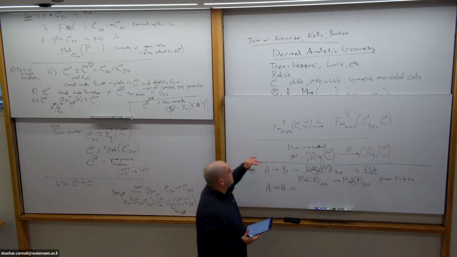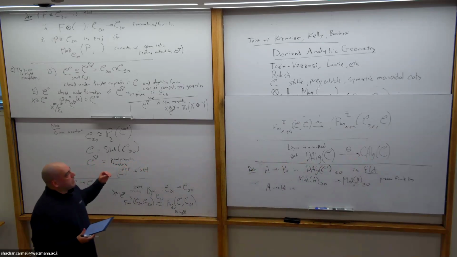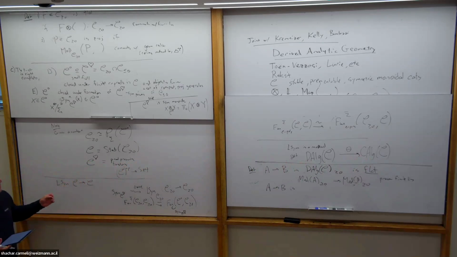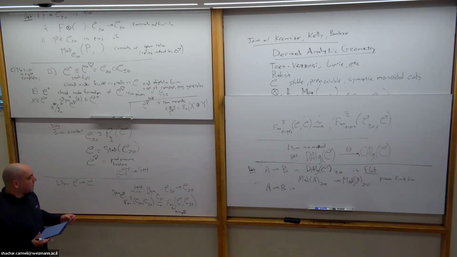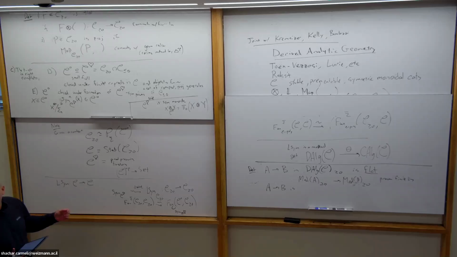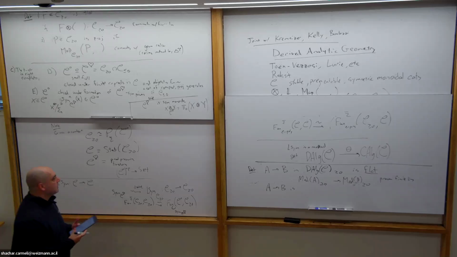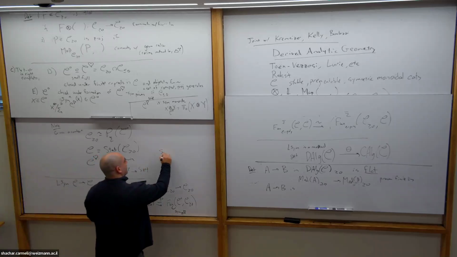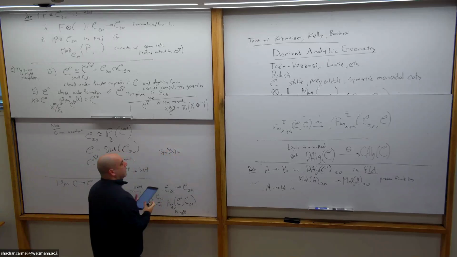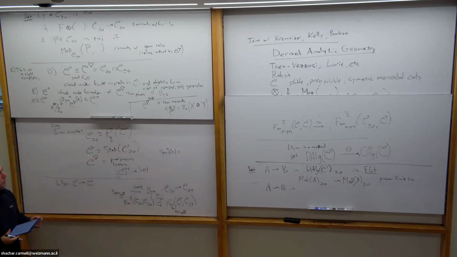So the difference comes in that this L-sim is different from the Sim, which is given by the usual formula, Sim n. The connective part of D-alg is going to be simplicial commutative algebras, and the connective part of C-alg is E infinity.